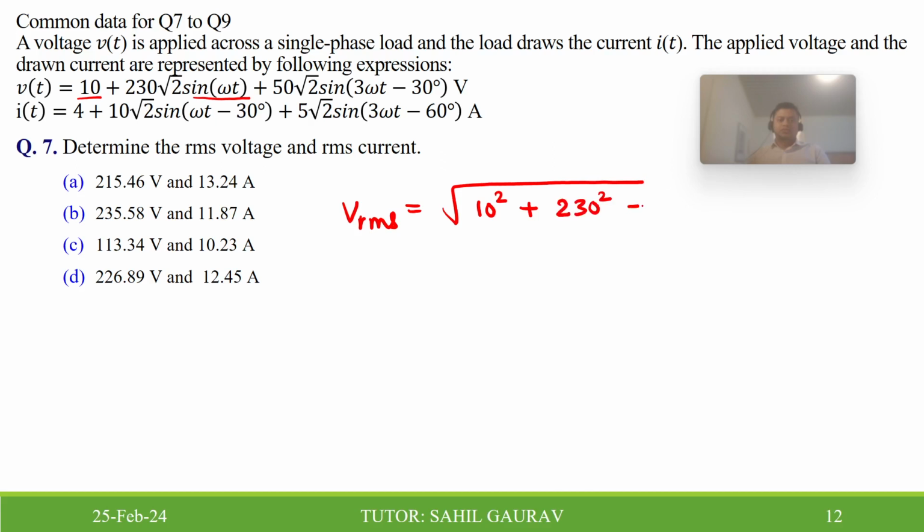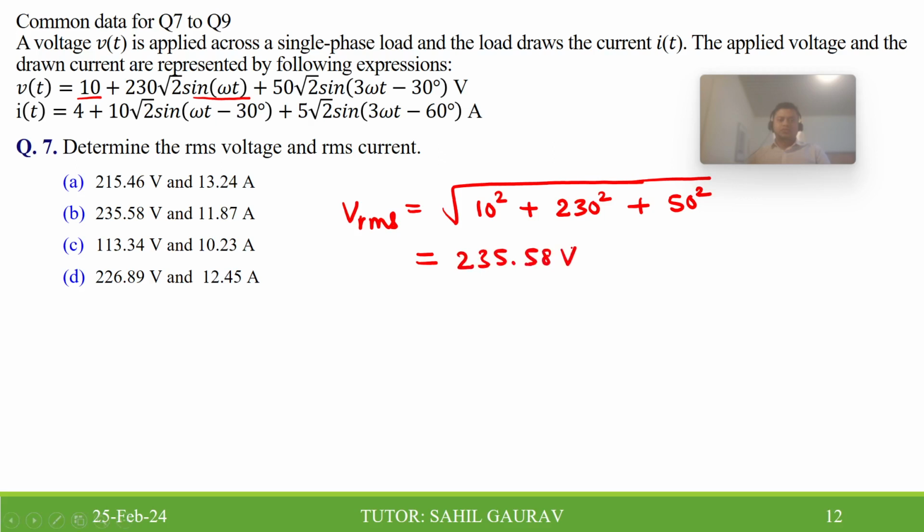You have to square it, and then we are given this third harmonic component, so the square of 50. I think it is coming as 235.58 volt.